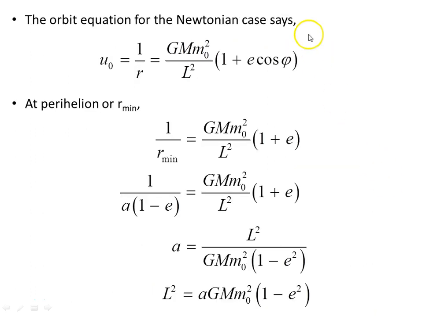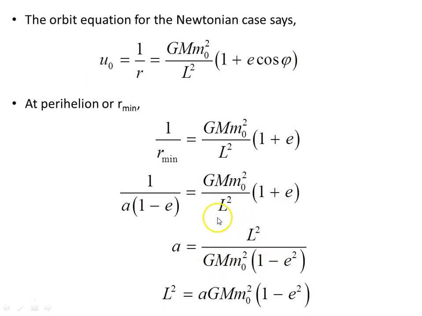Now the orbit equation for the Newtonian case says that u0, the zeroth solution, was 1 on r, was this object here. At perihelion, or r min, 1 on r min is equal to this. And r min we found earlier from the diagram was a times 1 minus e. Let's rearrange this a bit and get a by itself. We end up with a is L squared on this object here.